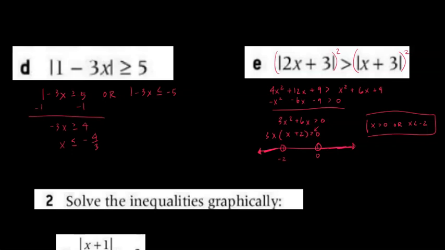And here we have a negative 1, negative 3x less than or equal to negative 6. X is greater than or equal to 2. And this is an or, and it should work out. I'll trust myself.